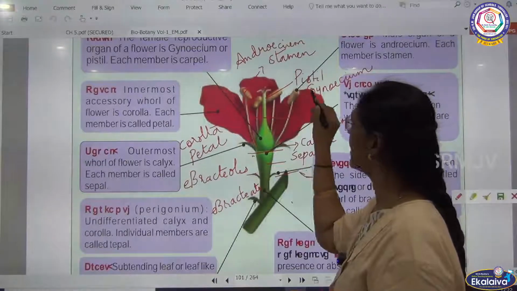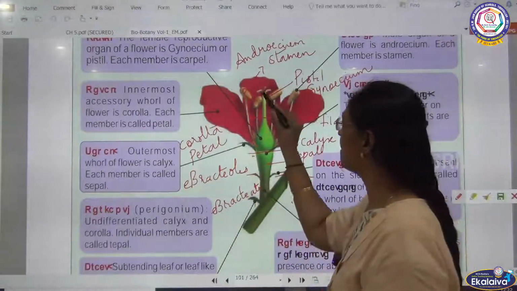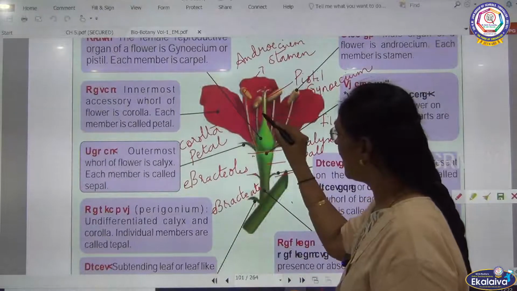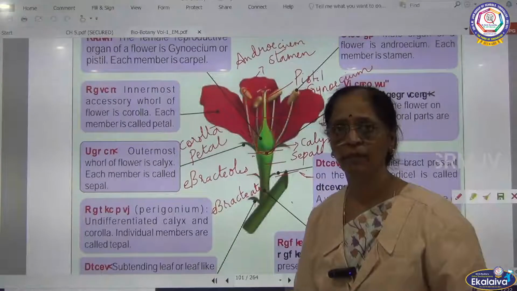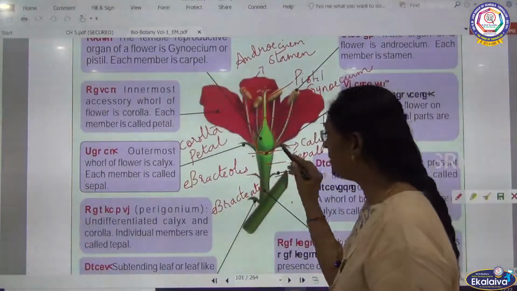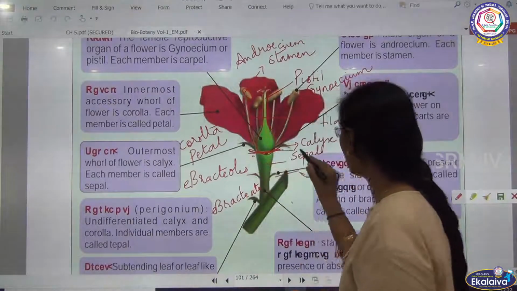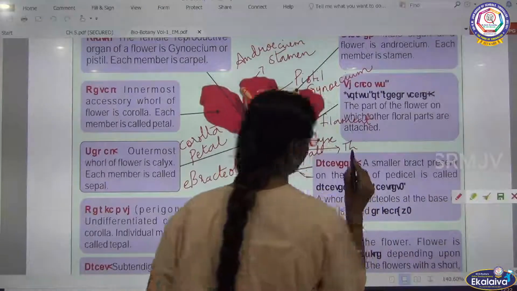And this is the gynoecium, what we call the pistil, and this pistil will have the stigma, and this is the style, and this is the ovary. And all these floral parts are borne on a base, this flattened portion, what we call the thalamus.